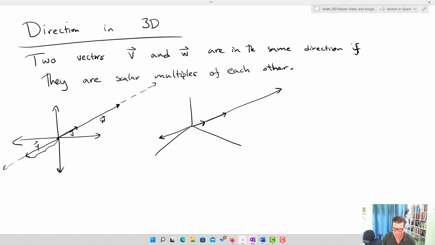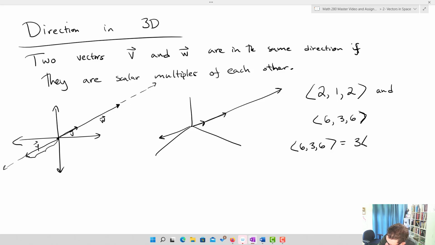We can actually tell this from our vectors. Let's say I've got these 2 vectors: 2, 1, 2 and 6, 3, 6. What you want to notice is that 6, 3, 6 is equal to 3 times 2, 1, 2.